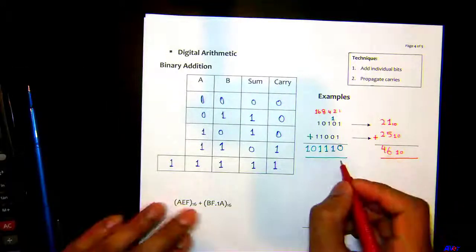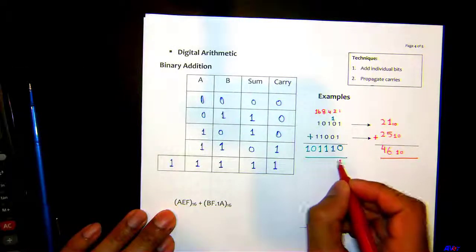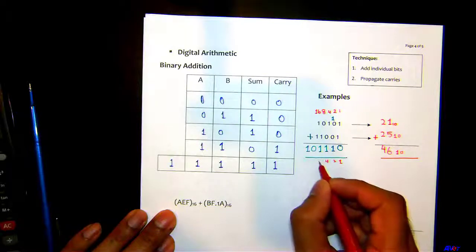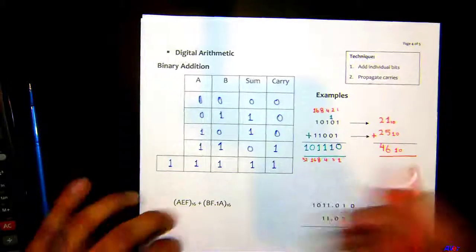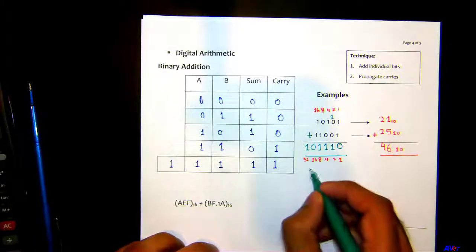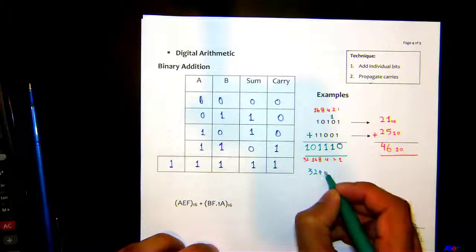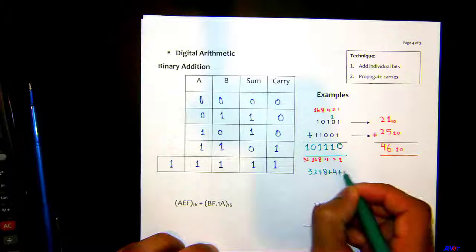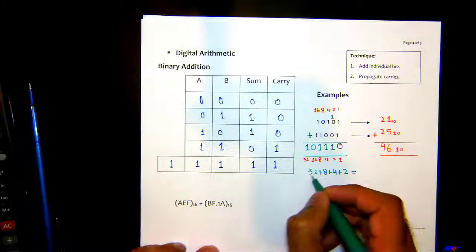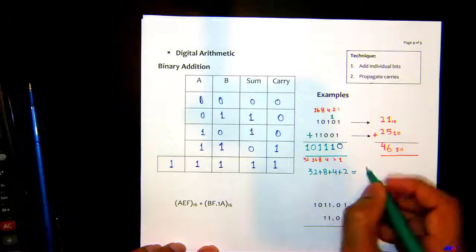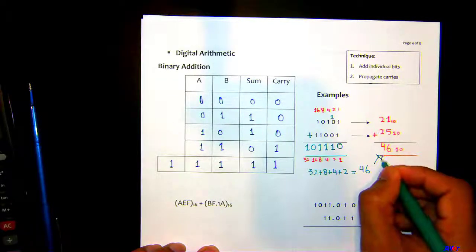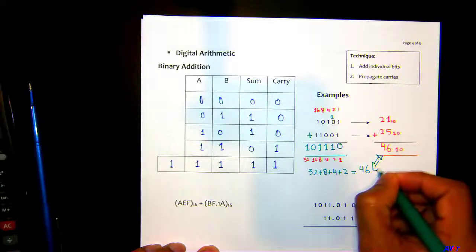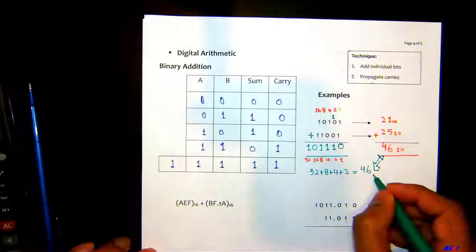Again, I'll just write down the magnitude of each bit: 2, 4, 8, 16, and 32. So 32 plus 8 plus 4 plus 2. You get 32, 8 is 40, 44, and 46. So these two actually match, right?